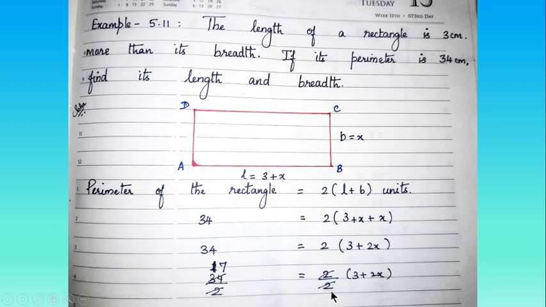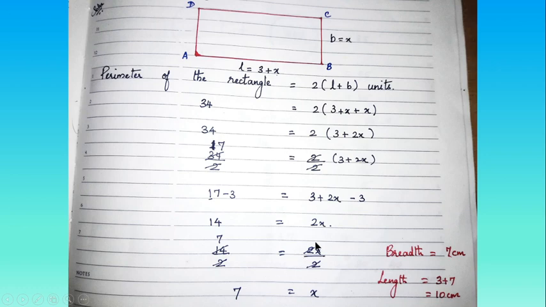When we divide in the right hand side, the same operation should be done in the left hand side also. So when I divide 2 in the left hand side, how many 2's are there in 34? We have 17 2's. So after simplifying, we will be getting 17. So we'll be remaining with 3 plus 2x in the right hand side.